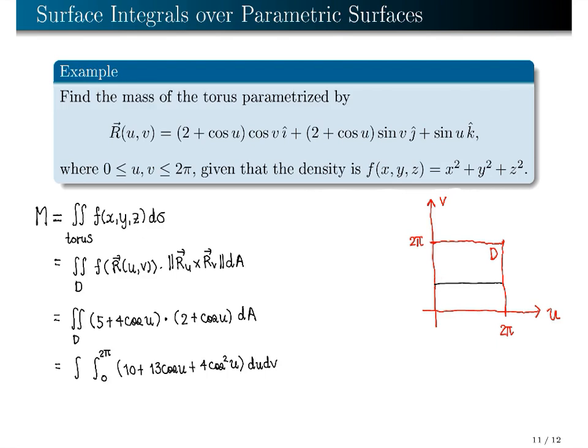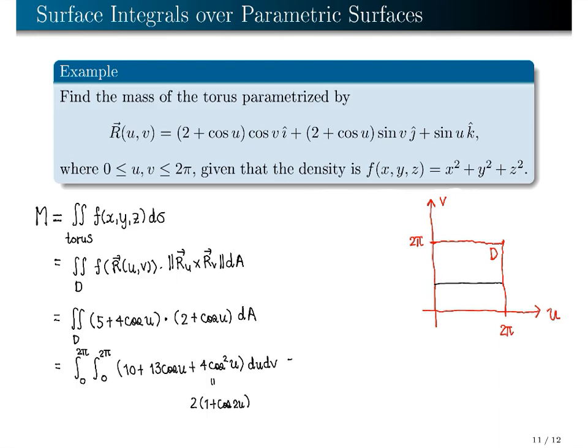All that remains is to evaluate this iterated integral. In order to integrate with respect to the parameter u, we need to remember that 2 cosine squared u can be written as 1 plus cosine of 2u.